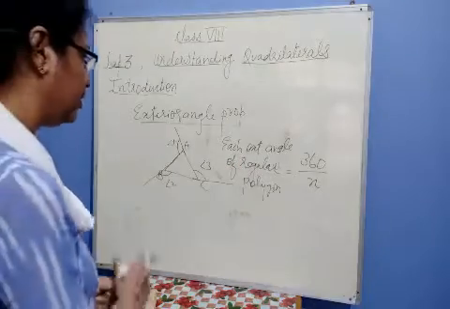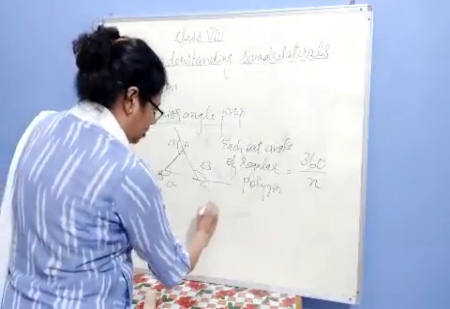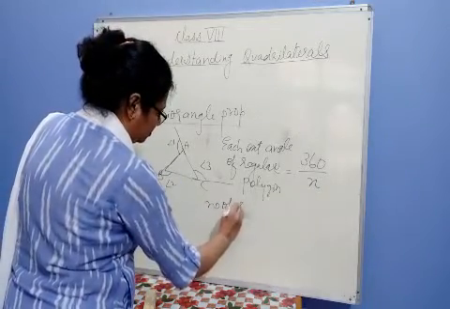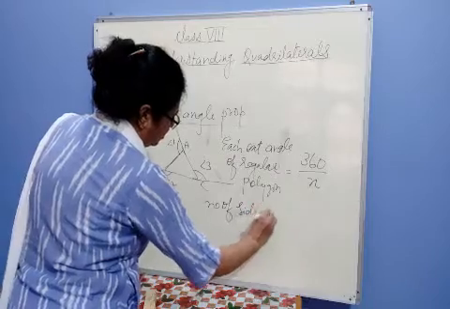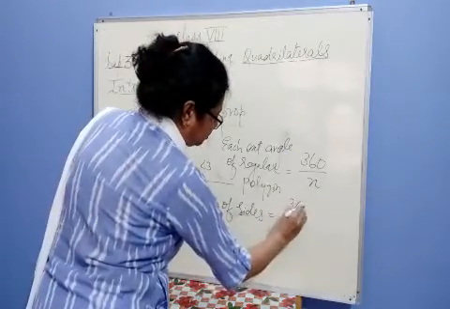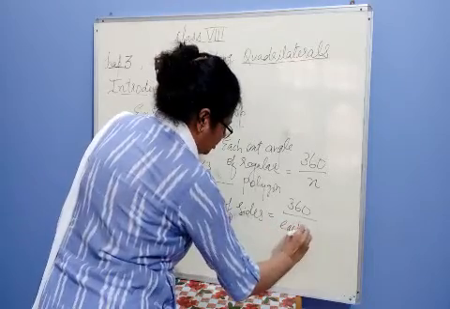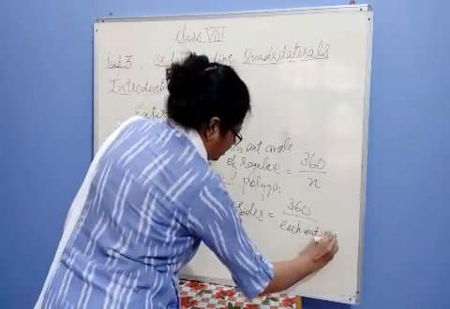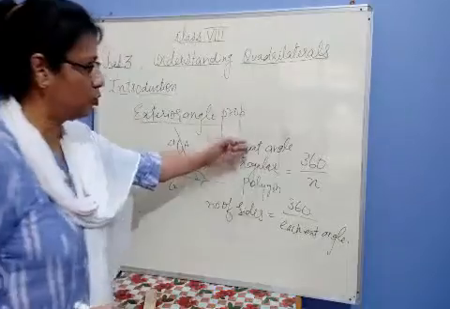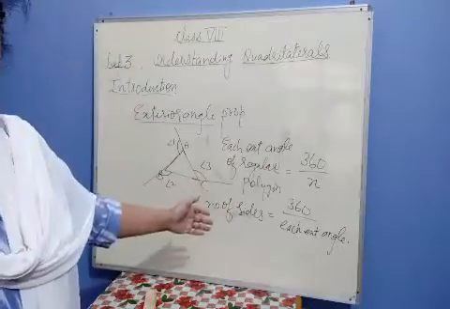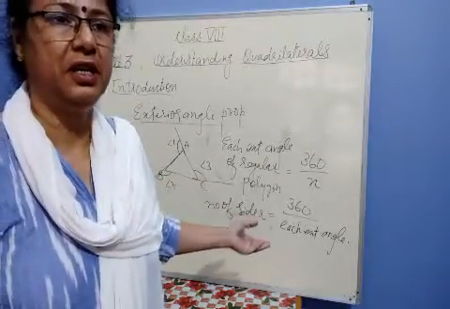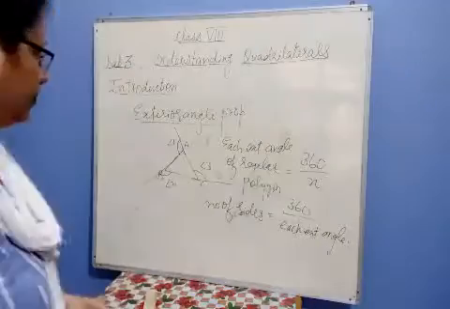Similarly, if you want to find the number of sides of any polygon, then again it will be equal to 360 upon each exterior angle. So these two formulas will help you to solve some questions in NCERT exercises.